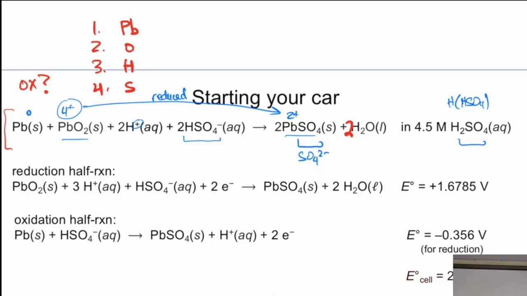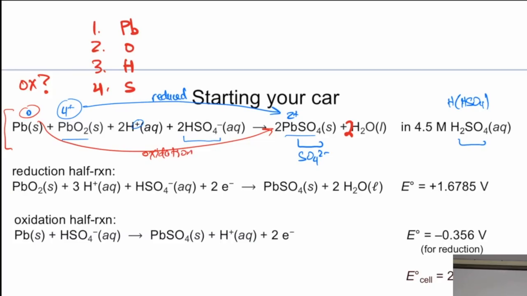But wait a minute. We also have lead 0. Look, we have lead in 2 states on the reactant side. Here's lead 0. It's also going to lead 2+. There's your oxidation. So it's all lead, right?